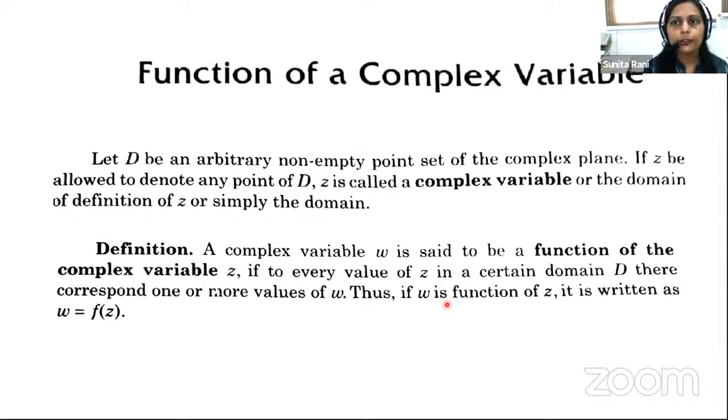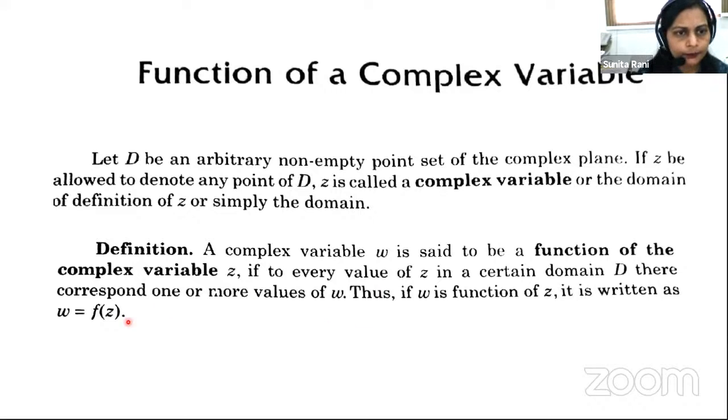Next is the function of a complex variable. How to define a function of a complex variable? First, consider a domain D in a complex plane, and z is any point in the domain D. Here, z is a complex variable.